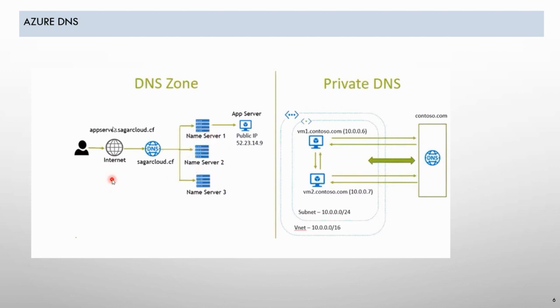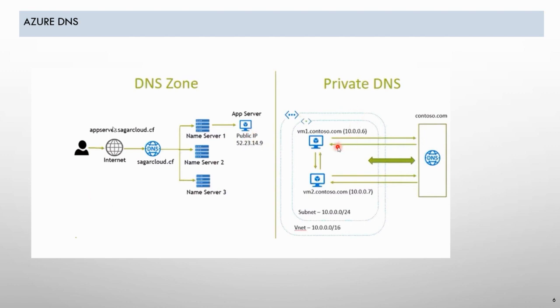The other option is that when you take a domain from a domain registrar, they also give you space to host the domain on their end. It's up to your choice whether you want to go with a DNS zone, or with the DNS hosting service available at a domain registrar.